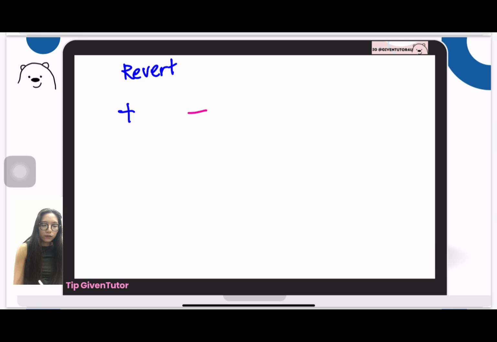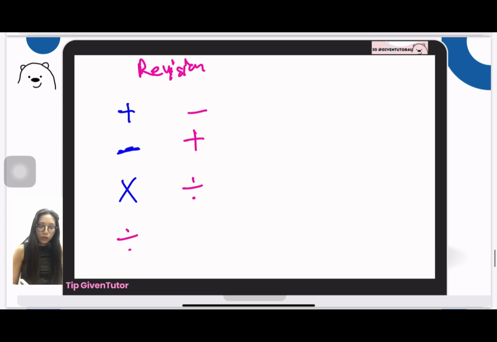This is the revision. Okay, so when you got the plus, you will got the minus. When you got the minus, you will change it with the plus, the deductions, right? And then after that, when you got the time, you got the divisions. And when you got the divisions, you will got the time also.